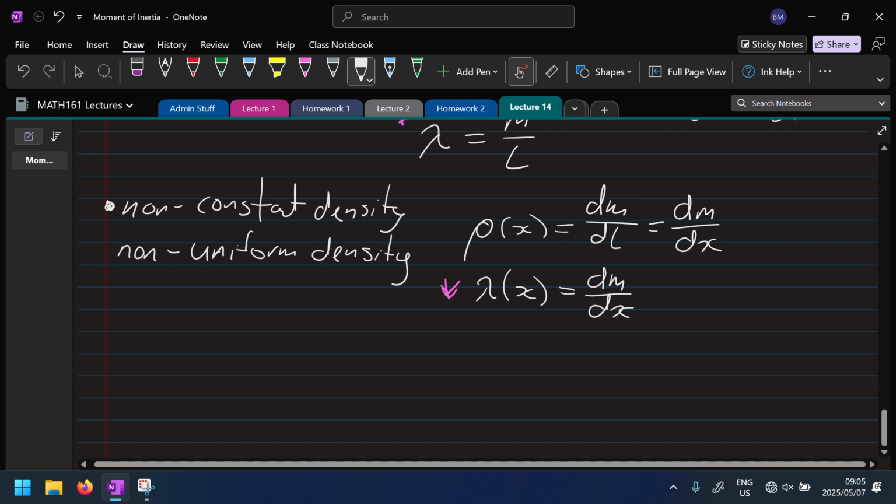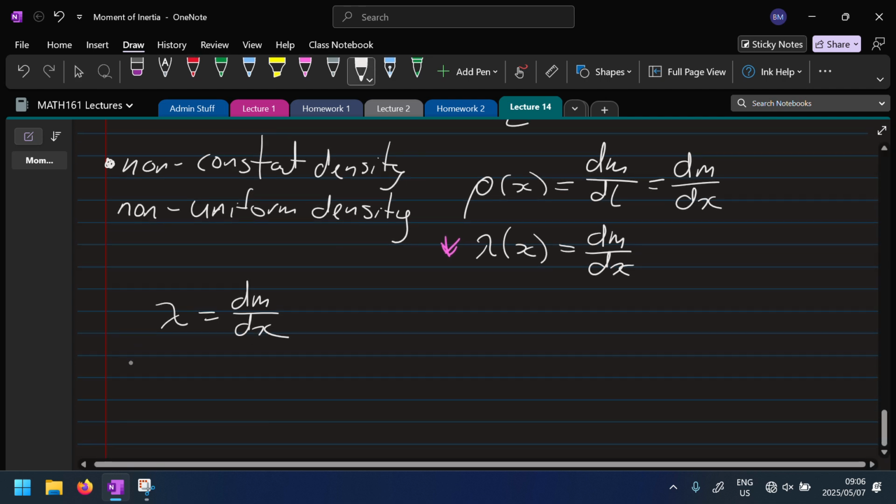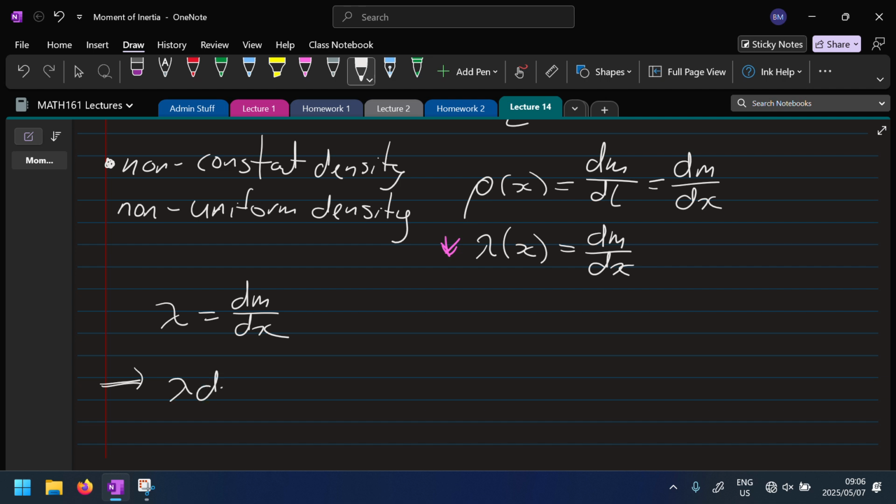So again, like we did last time, we've got lambda is dm by dx. I can multiply both sides by dx. That will give lambda dx is dm.